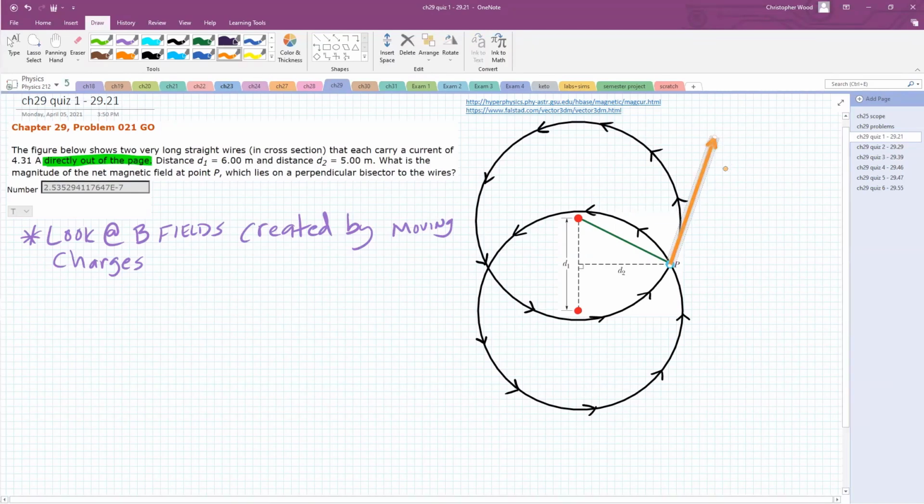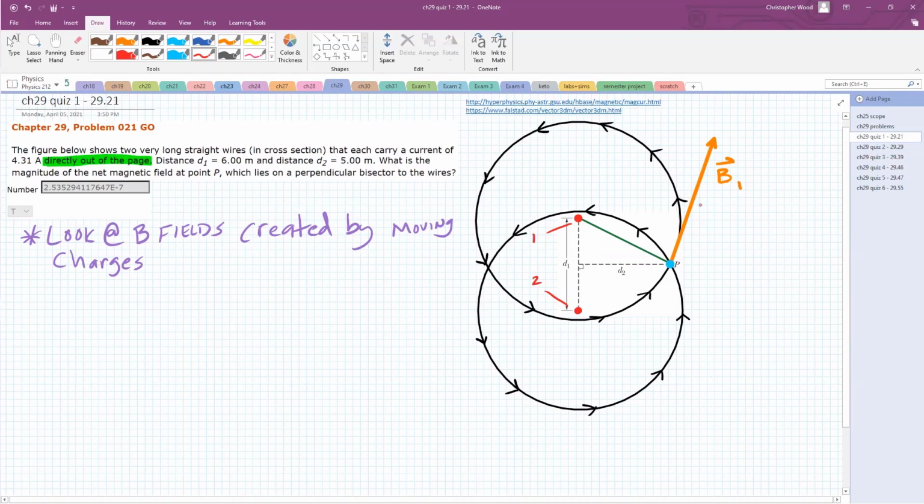So this is magnetic field vector B. And I better start worrying about top versus bottom. I'm going to call this the magnetic field from wire 1. I was going to say top and bottom, but I'll just call this number 1, and then this is wire number 2. Wire number 1, wire number 2.